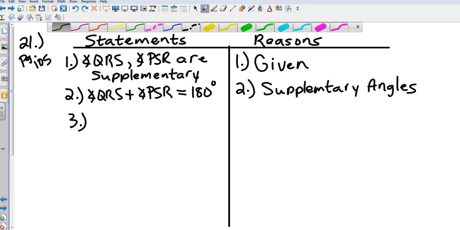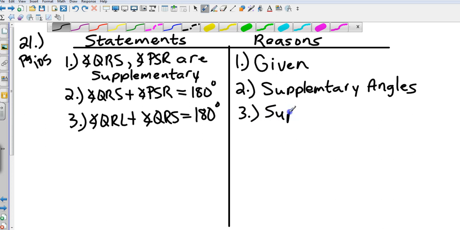So we're going to say QRL plus QRS is also 180 degrees because of supplementary angles.